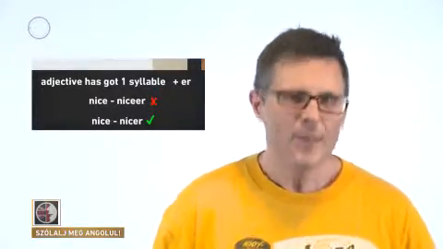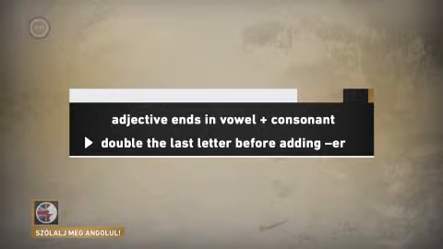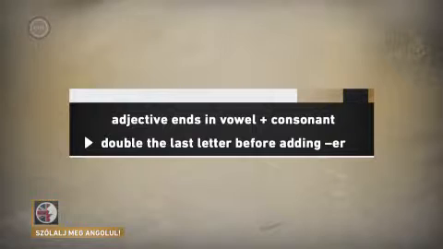Okay, so if the adjective ends in vowel plus consonant, we double the last letter before adding "er." Simple. "Tall" becomes "taller." No doubling of the last letter there, but "hot" becomes "hotter." The T is doubled.